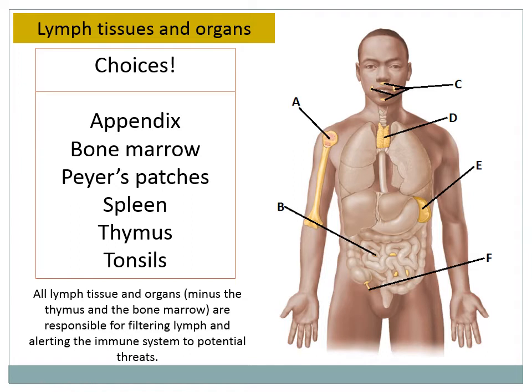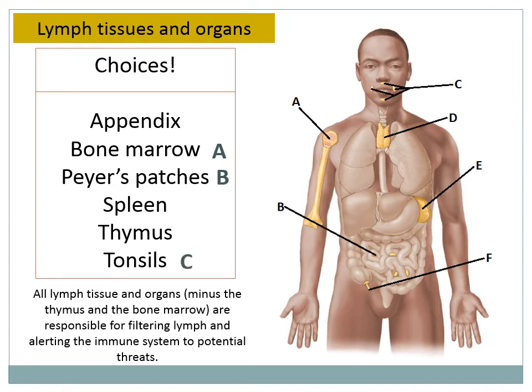Well, it's part of the bone, so it's going to be the bone marrow. What about B? Yeah, B you might not have heard of quite yet. B is going to be our Peyer's patches. What about C? Yeah, they're up where your tonsils are, so C is going to be your tonsils.